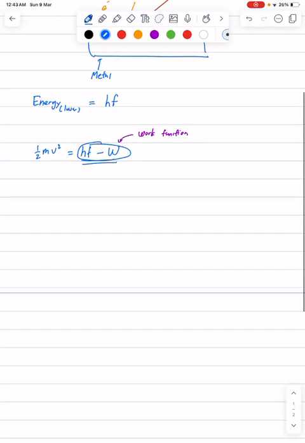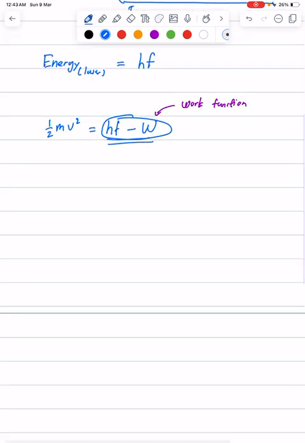Another thing about this equation, h times f, is that the units are quite interesting, especially for the Planck constant, which will be used later. So, the units.